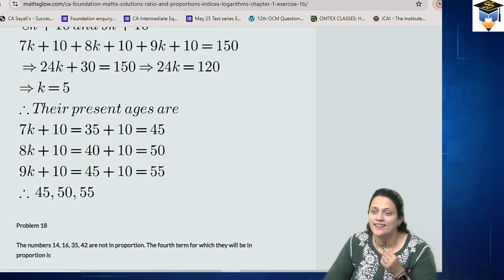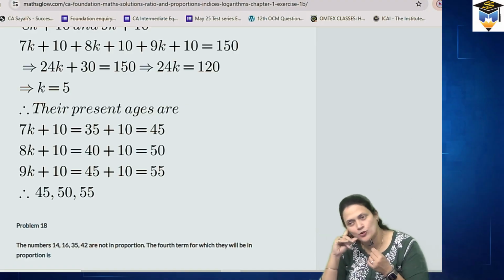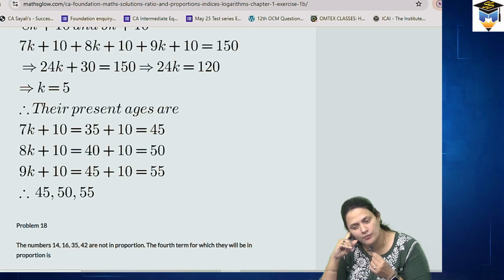Yes, this is the question, right? The numbers 14, 16, 35, 42 are not in proportion. The fourth term for which they will be in proportion is. So basically fourth term, if you don't consider, then 14 upon 16 is equal to 35 upon x.